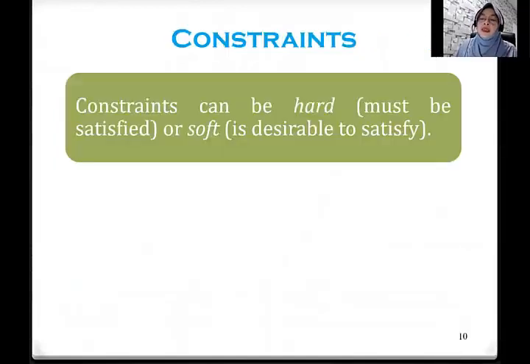So what are the constraints? Constraints can be classified into hard constraints, which must be satisfied, sometimes called mandatory constraints, or soft constraints, which are desirable to be satisfied. That means we are going to satisfy as many of the soft constraints as possible, but a soft constraint can be violated if we have no option to fulfill it.